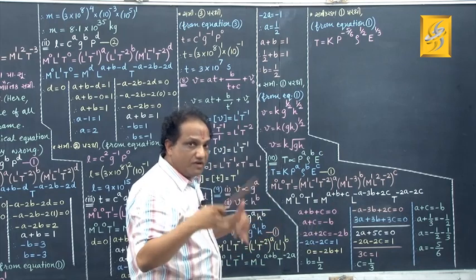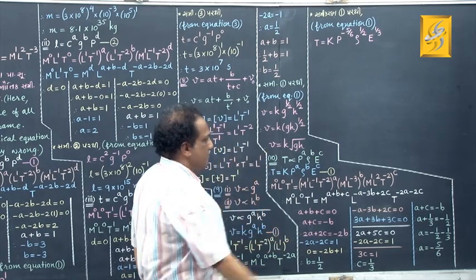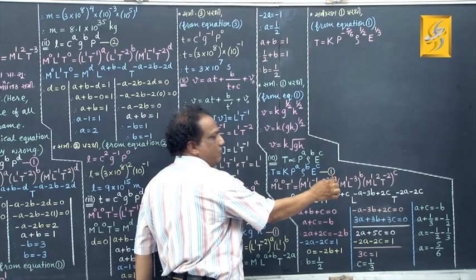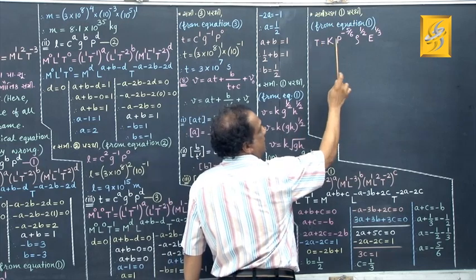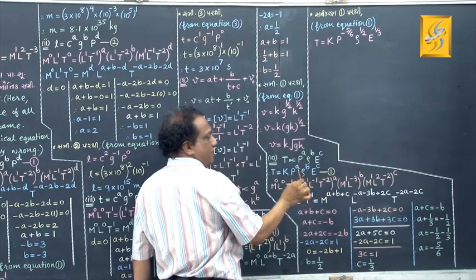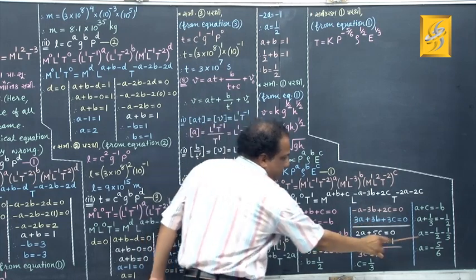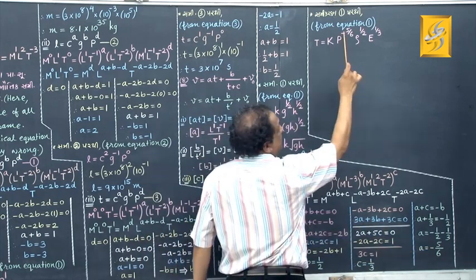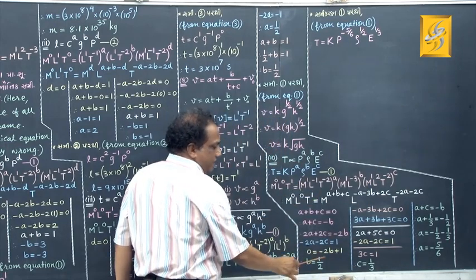Now if further formula is to be derived, then you can just go further. Very simple it is. Put all the three values in this equation number 1. Start from here. T equals to K into P raised to A. Value of A is minus 5 by 6. Rho raised to B. B is 1 by 2.